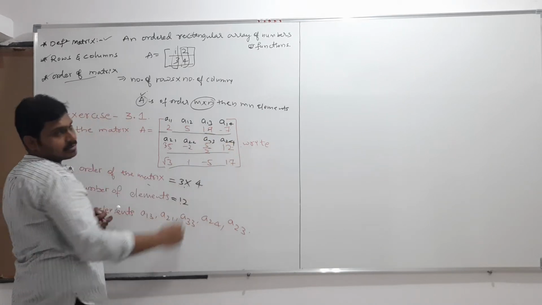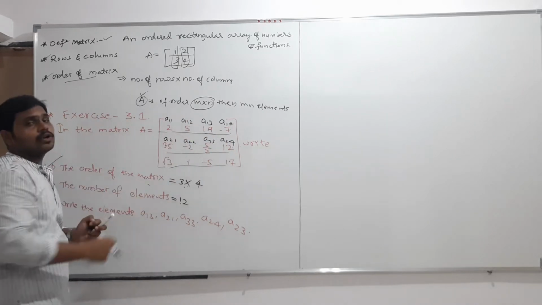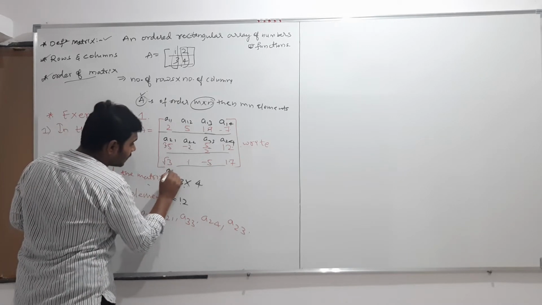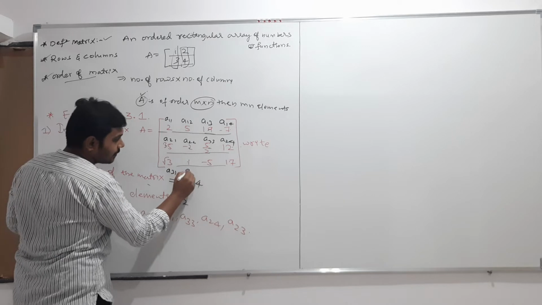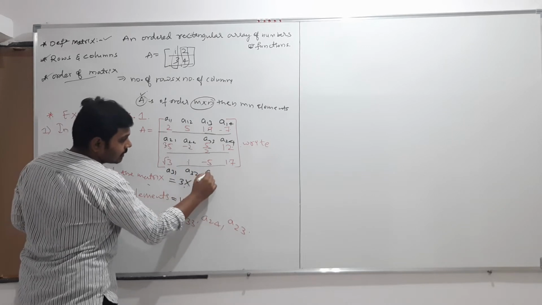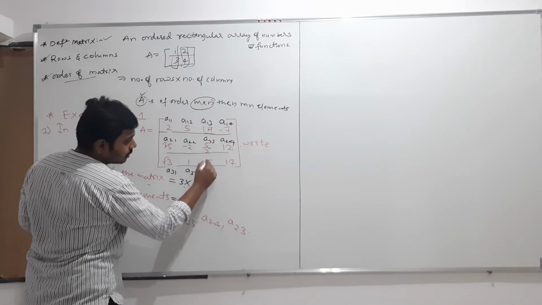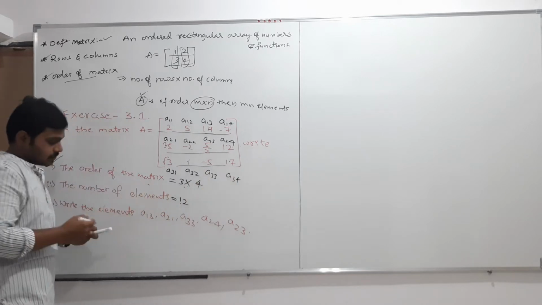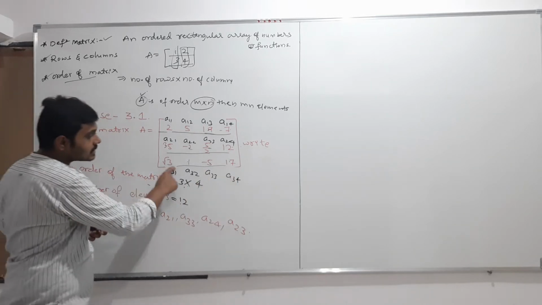This is A24. These are the general notations I am writing. Next, this is A31, third row first column, third row second column, third row third column element and third row fourth column element. So like this we are writing. These are just the general notations.